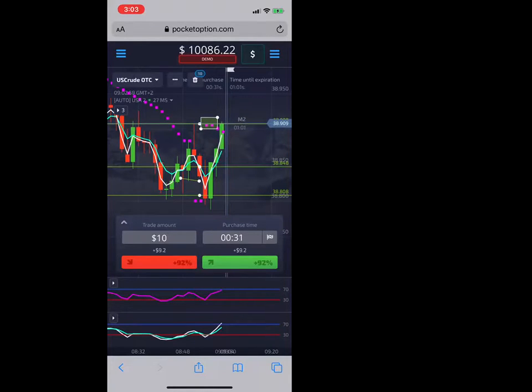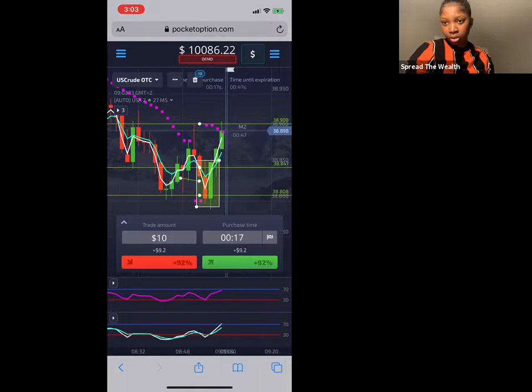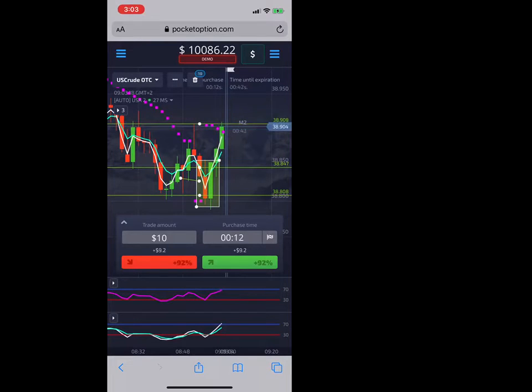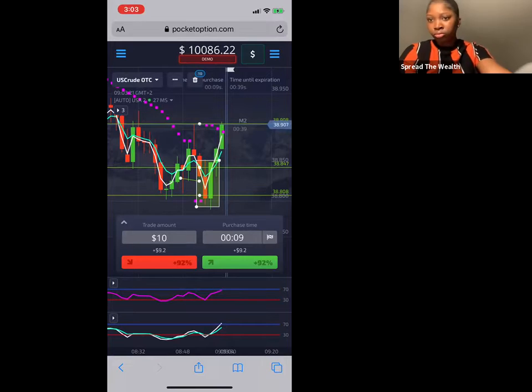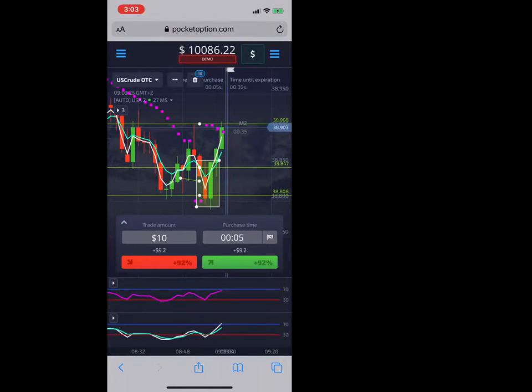But also, I'm paying attention to these candles too. If I look at this specific pattern, do you remember the candlestick patterns? This pattern right here is the engulfing candle, meaning that it's a strong buy, you might as well say.